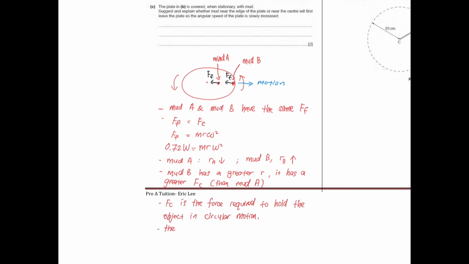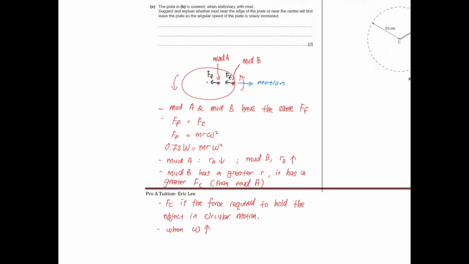The frictional force is, maybe I put like this first. When omega increases, that means the angular velocity increases. The question said the plate is moving faster and faster.